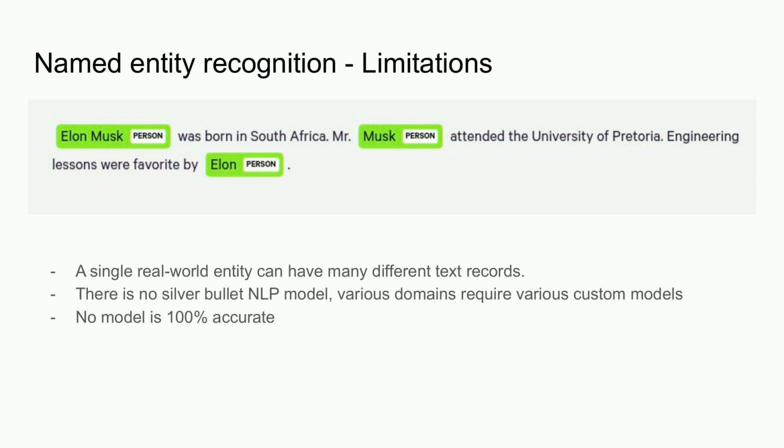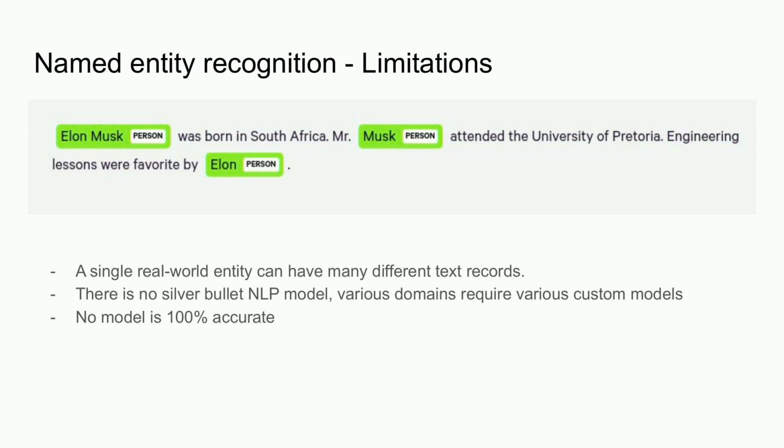In our output knowledge graph, ideally we want a single real-world entity to be represented with a single node. So we really don't want three different nodes representing the same entity, as we would have here if we just used the results like this.